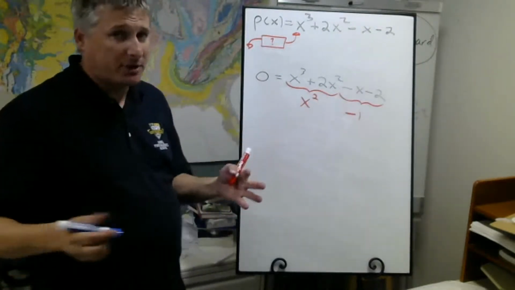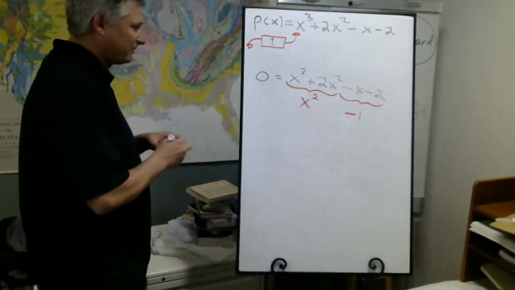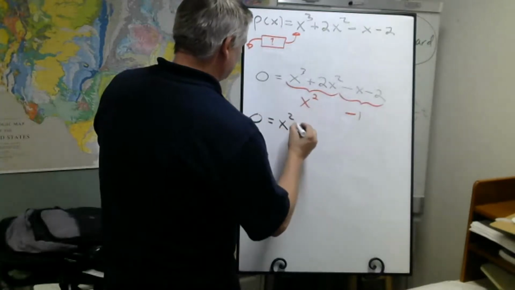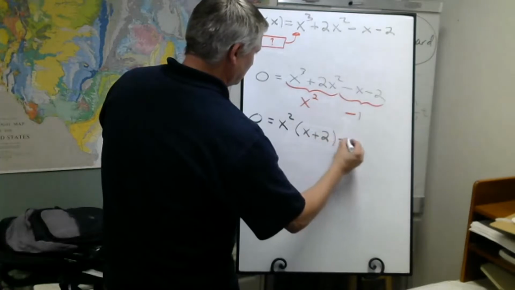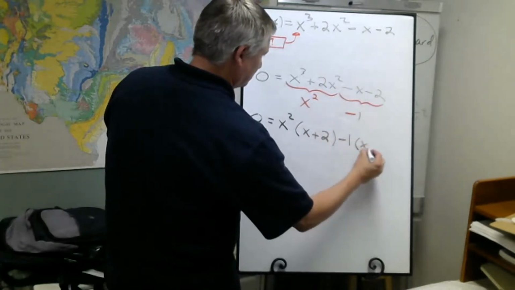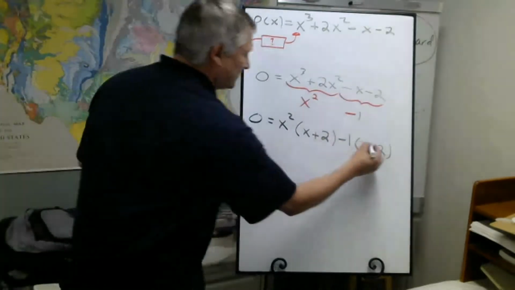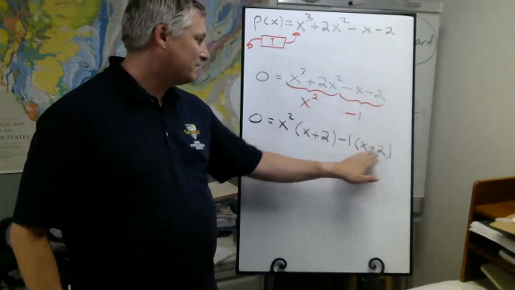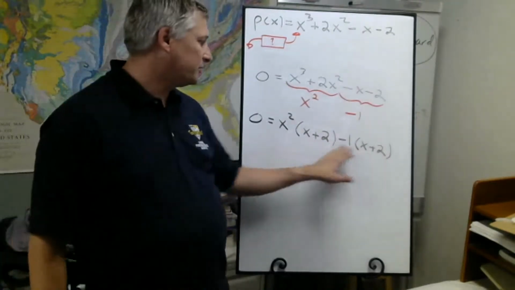Now, when we do those extractions, we're going to get this. Oh, that's a plus, actually. If you distribute this, you'll get minus x and minus 2. So sure enough, same binomial in two places.